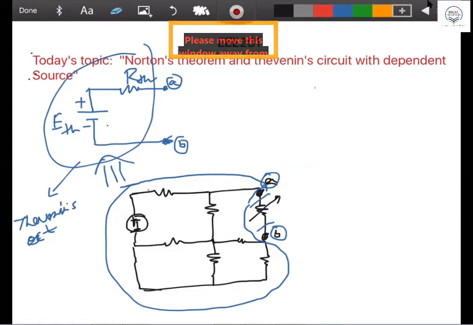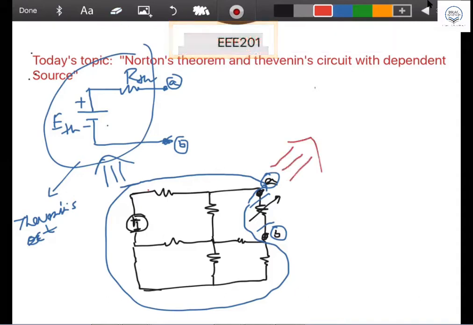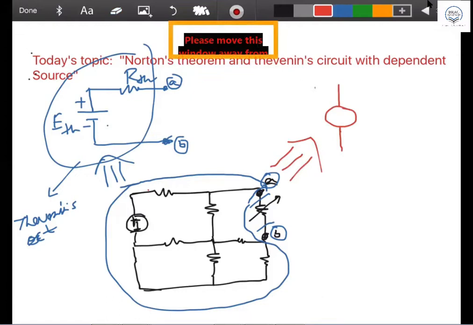His equivalent circuit is similar to the current source. In the last source transformation we studied the current source, with RP here and IS here.